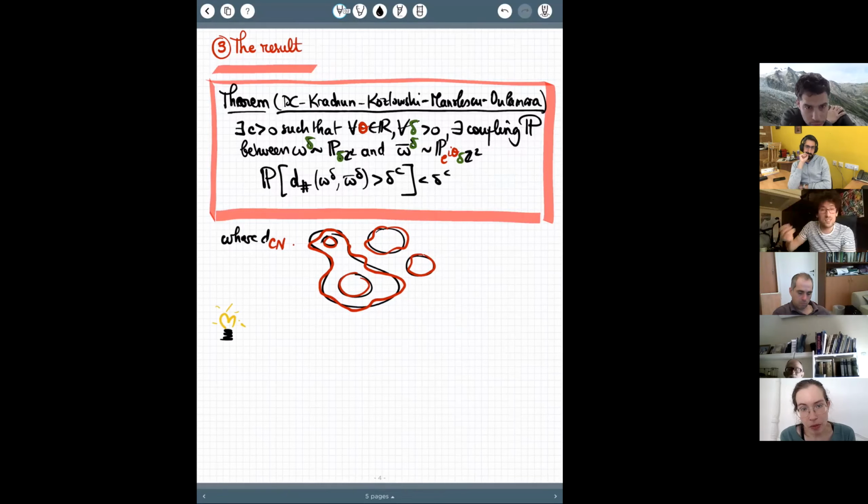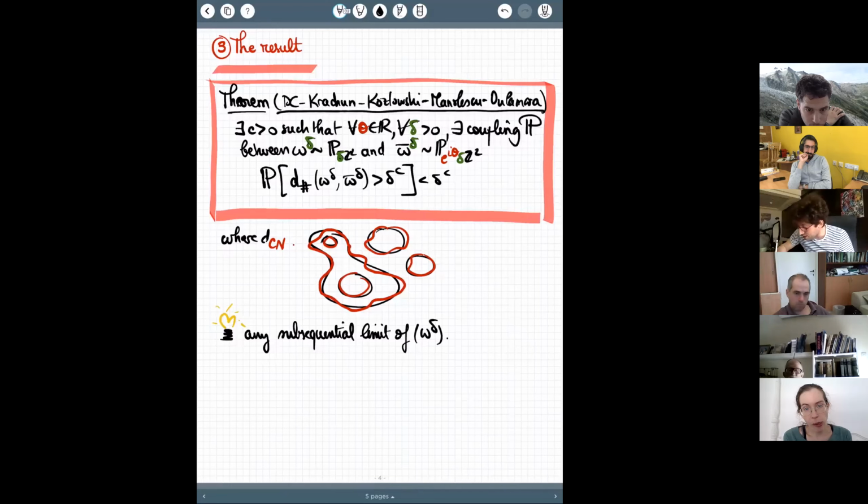But of course, it does imply something, which is that any subsequential limit of the collection omega delta is rotationally invariant. Okay, so if you want, you don't really need conjecture one. You can just take subsequential limits, and any subsequential limit will be rotationally invariant. Okay.